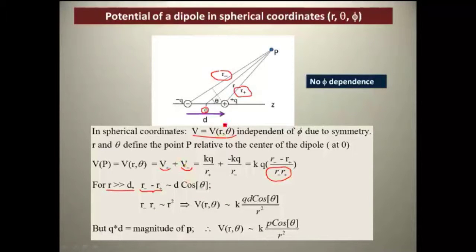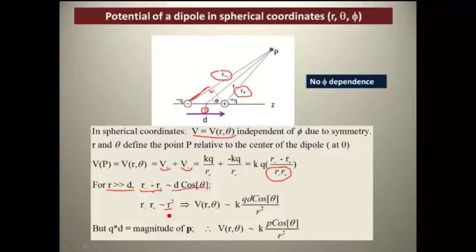What we're talking about really is this distance here, because if you take a perpendicular between this quantity here, and this is the right angle here, then you've got a triangle, and the cosine of theta times d will give you this length here. And so that's the difference in length between those two vectors. The other approximation is that if we take r minus times r plus, since these are close to the length of r, one being shorter, one being longer, we'll just simply set that product equal to r squared.